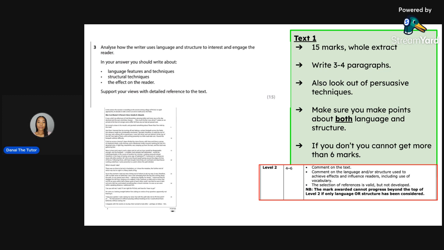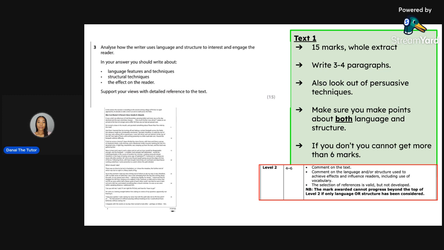Persuasive techniques fall into this, so you would just add them as part of what you are looking for. So persuasive techniques include things like anecdote, opinion, facts, triples, rhetorical questions. There is a crossover with persuasive techniques and language and structure techniques, but they are a distinct set of techniques that you should be aware of for this nonfiction paper.